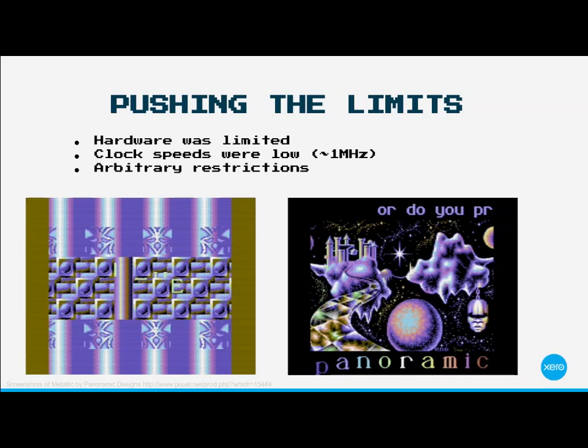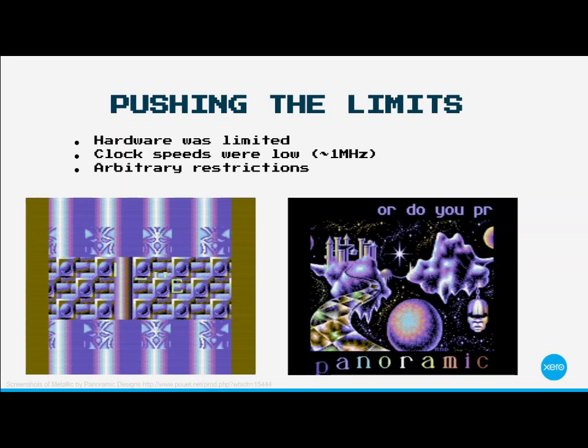So one of the main things that drove the development of the demos was trying to push the hardware to the limits and beyond the limits. The machines at the time had very low clock speeds, 1 megahertz for most of the computers of the 80s, and the graphics hardware had evolved from consoles, where it wasn't, hey, I want to set this pixel over here to this color, and I want to draw some triangles.